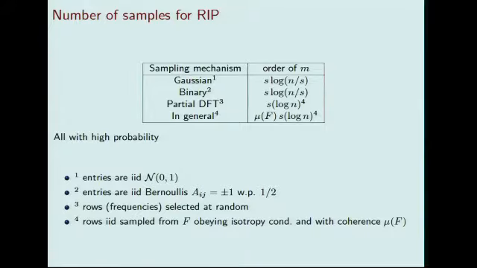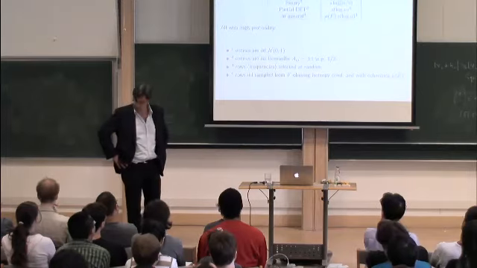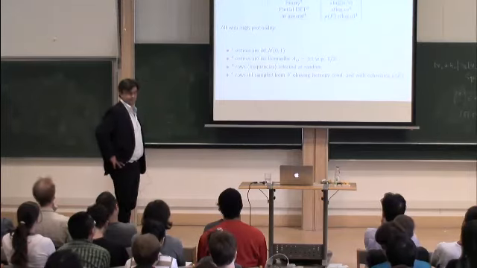Okay, so the first example is a Gaussian measurement where the entries are IID normal 0, 1. And we know that the restricted isometry property for Gaussian matrices holds very soon, that is, as soon as the number of measurements is of size sparsity times log of dimension divided by sparsity.